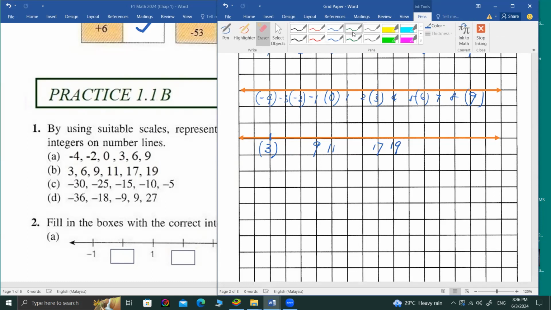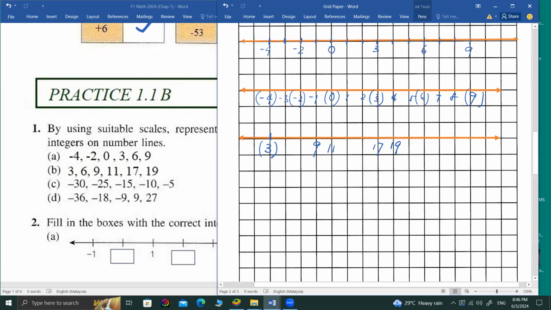Okay, so what you can do is, you can do this. Just now 3, 5, 7, so you can tell that 6 is here. So everything done. Like this. Must according, cannot be random. Your scale cannot be simply.